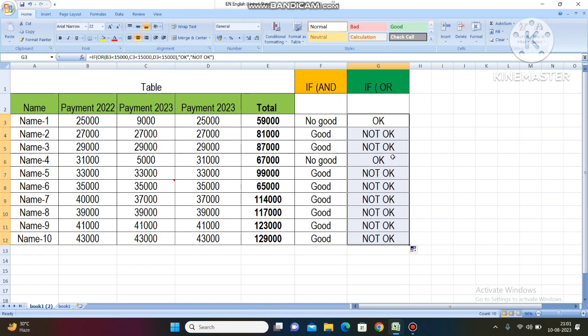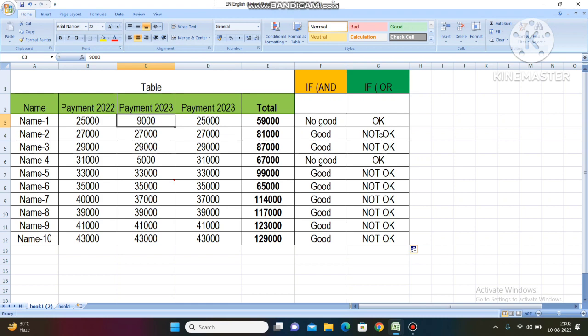and you are looking over here. The condition is OK, because not all values are less than 15,000, because here one value is 9,000.